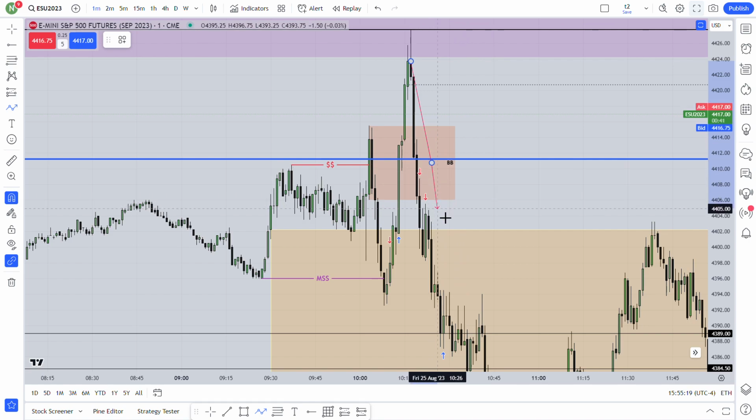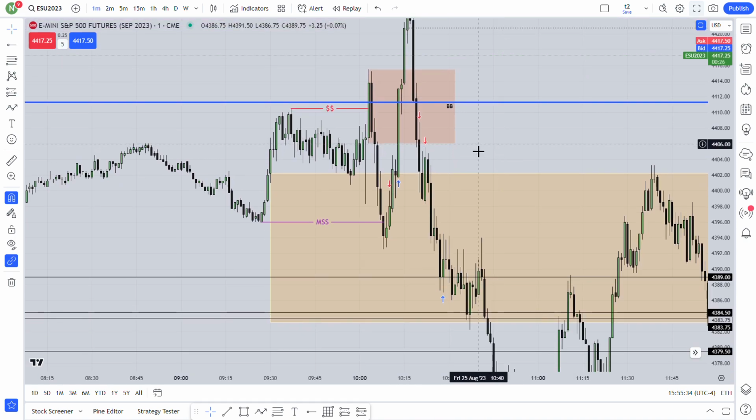It just broke the breaker. When it broke the breaker, this breaker was very important for me, so I took my first entry at this breaker here. And when the market just went over there, I took another entry. So I took 10 contracts sell over here, 5 contracts sell over here.